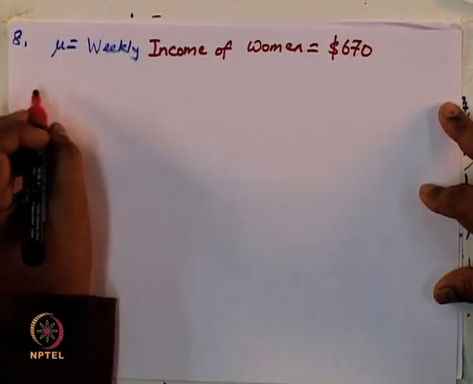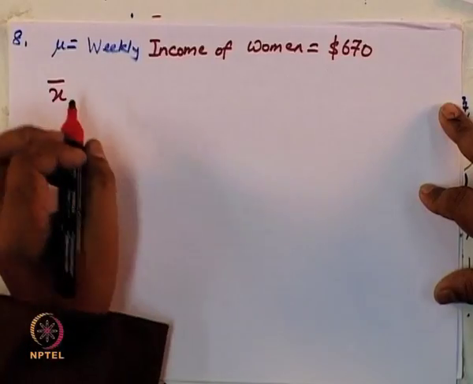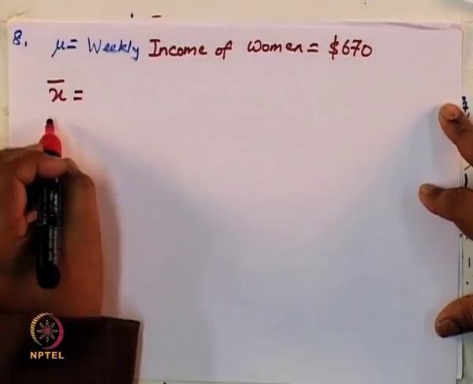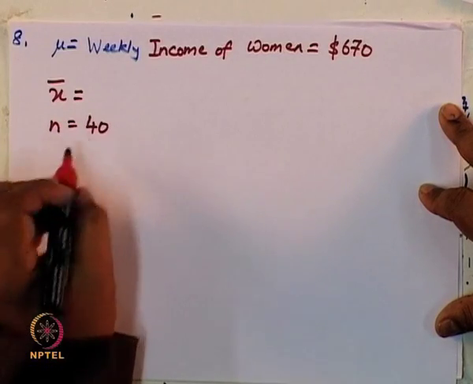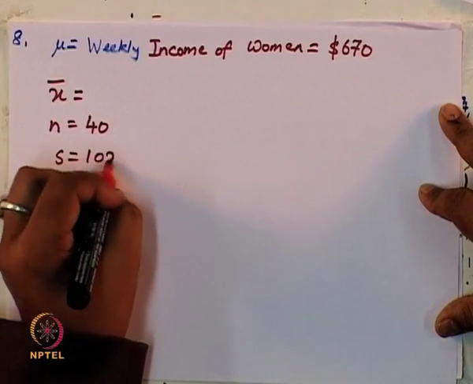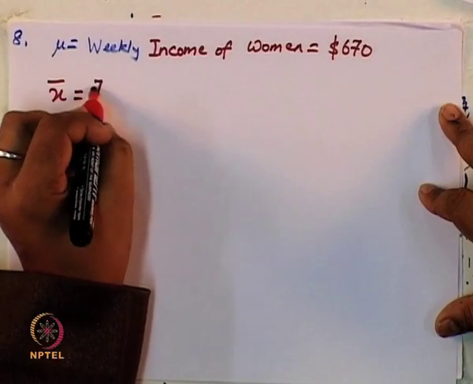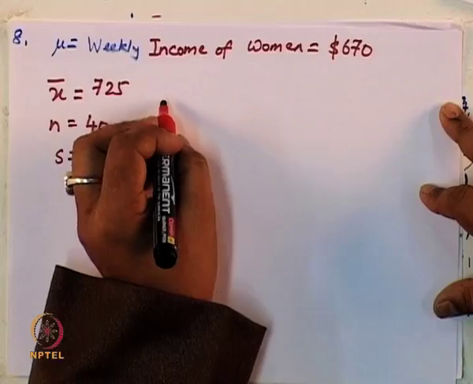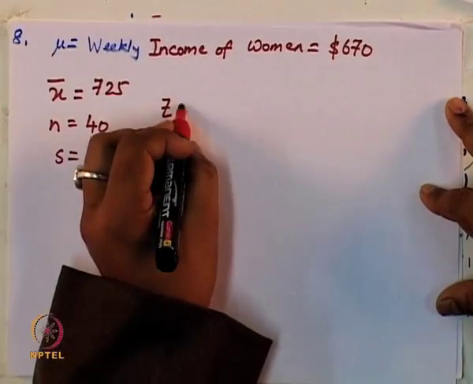The x bar is the salary of average weekly men of 40 males. So, you have n equal to 40, s equal to 102, and x bar is 725. So, as before, we want to calculate the test statistic, which is given by z.